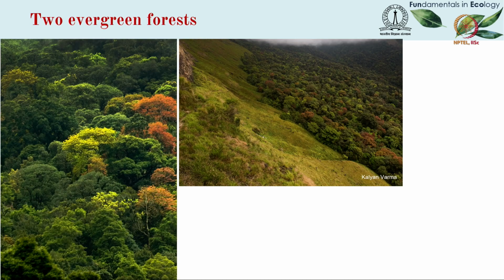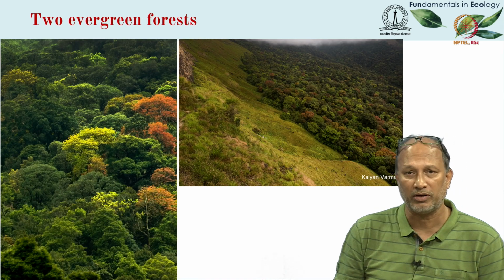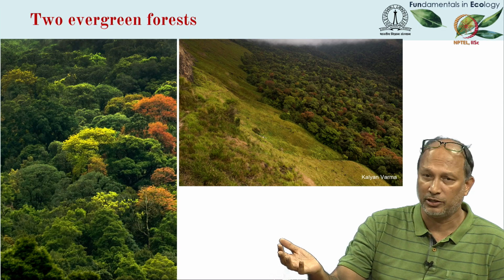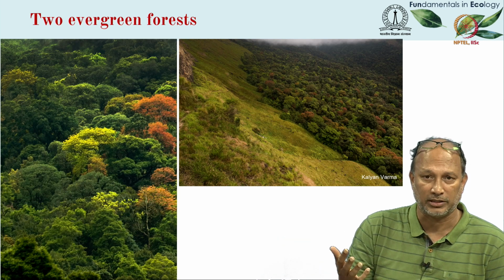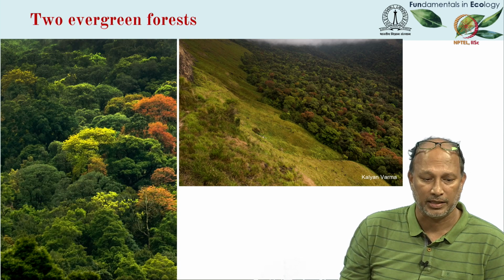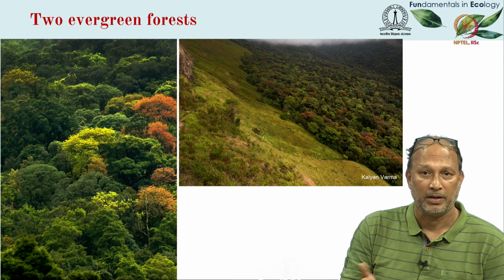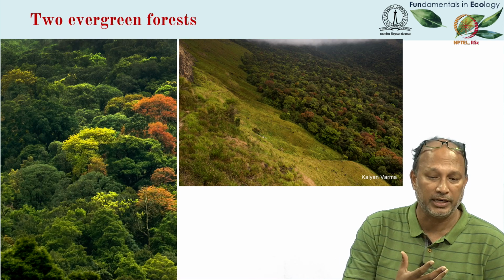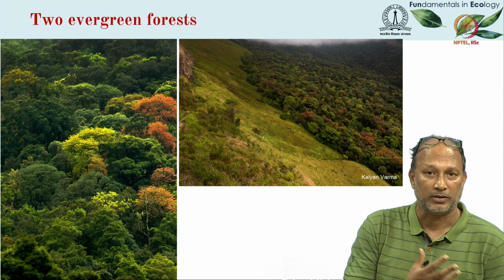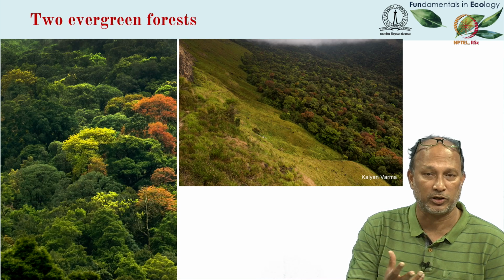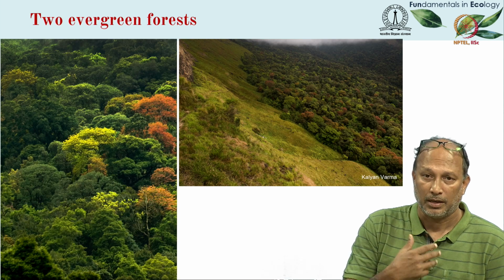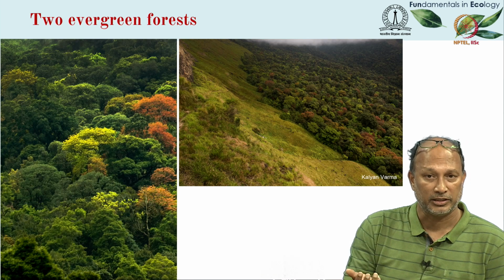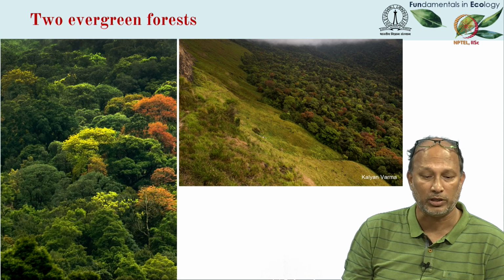But more often we're interested in what happens when you move from one forest to another across peninsular India or across the Western Ghats or across the Himalayas, and so you go from one forest type or one forest area to the other, and you ask, how much have tree species changed? I'm still in an evergreen forest, but are the forests of southern Western Ghats the same as the forests of the northern Western Ghats? Are the trees within the rainforests in the Anamalais the same or different from those in Mudumalai, and what underlies these patterns?